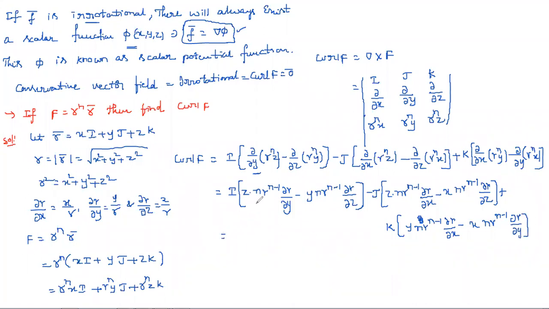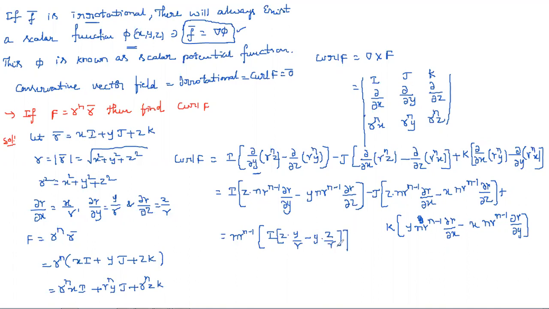If you observe each and every term, which one is the common one? n r^(n-1), right? So n r^(n-1) I am writing outside, and then i into, simply we'll get z into ∂r/∂y, which is y by r, minus y into ∂r/∂z, which is z by r, right?